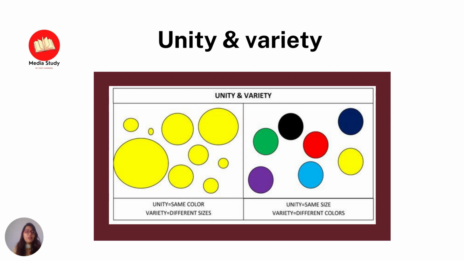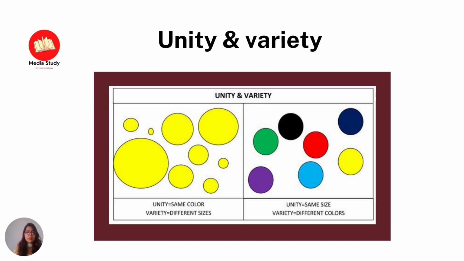The variation among the different elements that we have used in our designing. And unity is helping us to arrange all the similar elements together, and it is giving an appearance of harmony that exists among all the elements of the composition. So this is very important principle of our designing, and we have to give it consideration when we are working with any of the content creation.